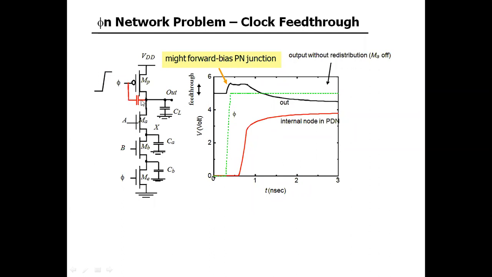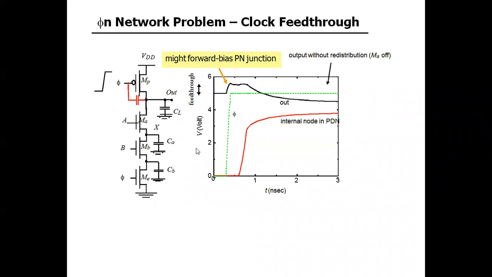So what is this clock feedthrough? Whatever the output is, it is fed through the PDN network, or the precharge PMOS of this PDN network. The clock gets fed to the PMOS of the precharge transistor of the PDN network, right?